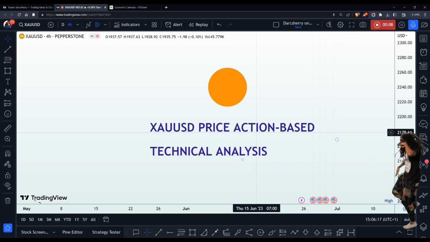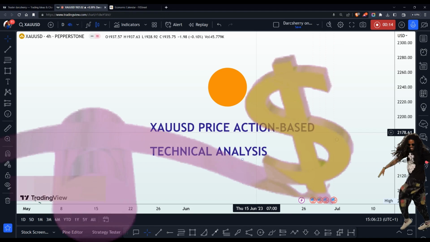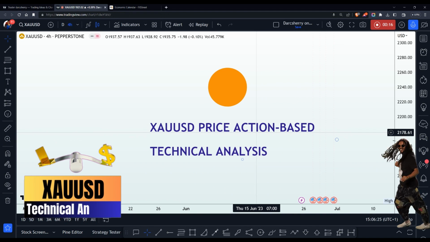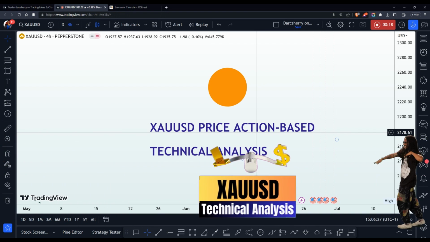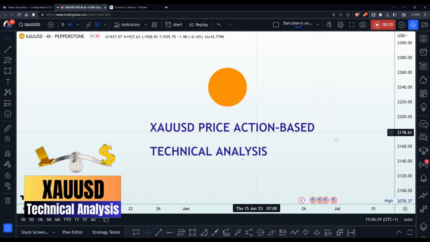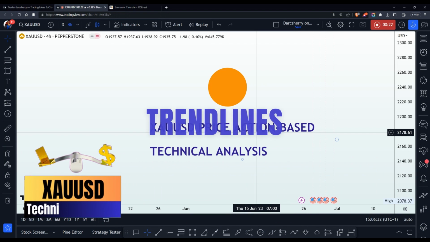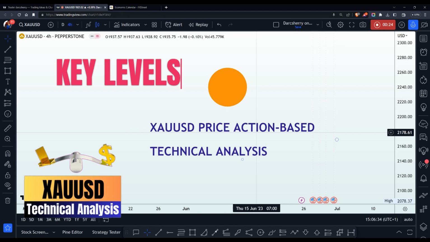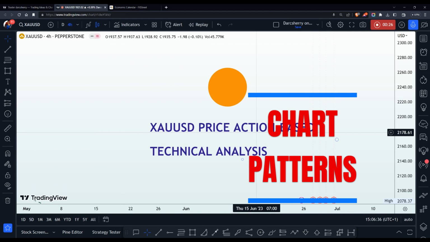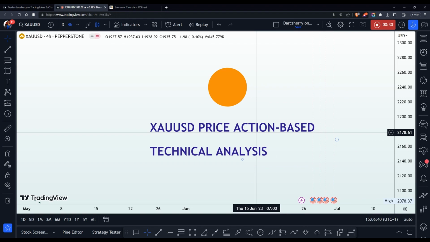After an incredibly profitable week, I couldn't be more thrilled to share with you a brand new perspective on the XAUUSD chart through a comprehensive technical analysis. In this video, we are going to be examining trend lines, key levels, and chart patterns and use them to facilitate a well-informed trading decision based on historical price movements.